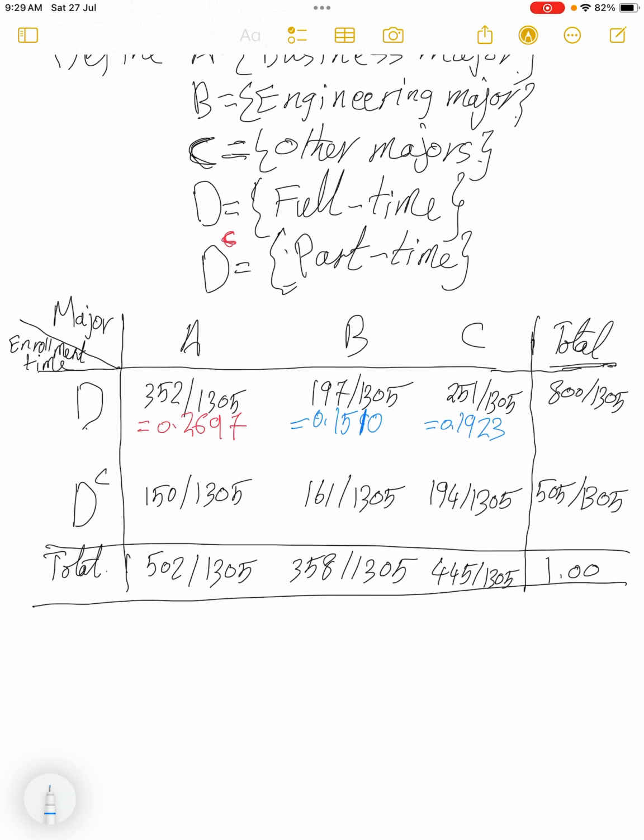800 divided by 1,305, it will be 0.6130. Also 505 divided by 1,305, it will be 0.3870.